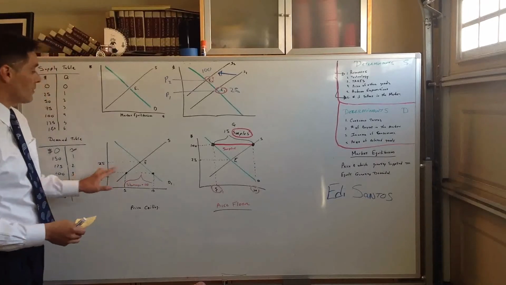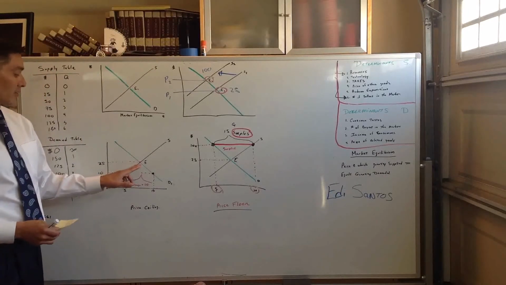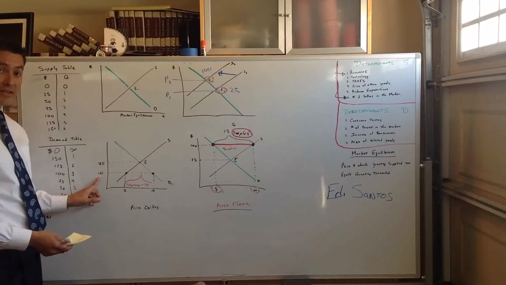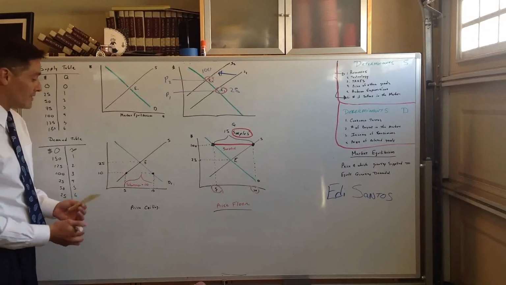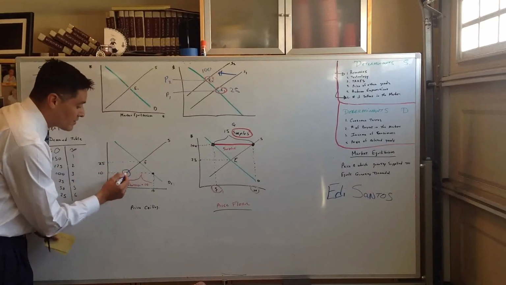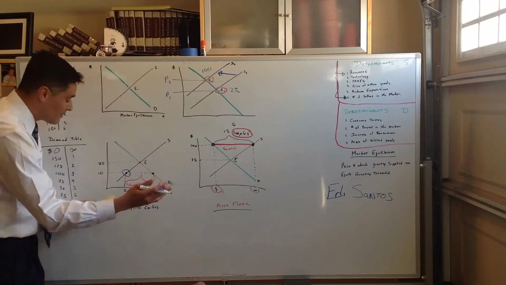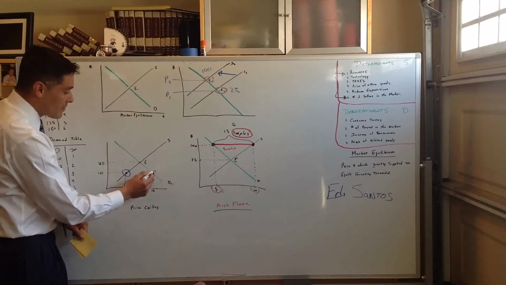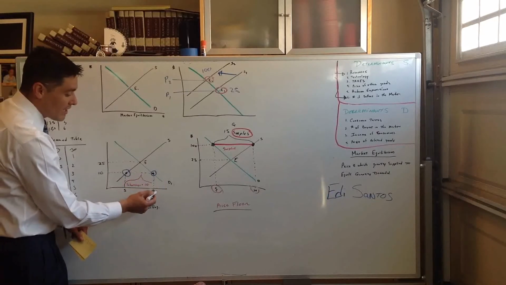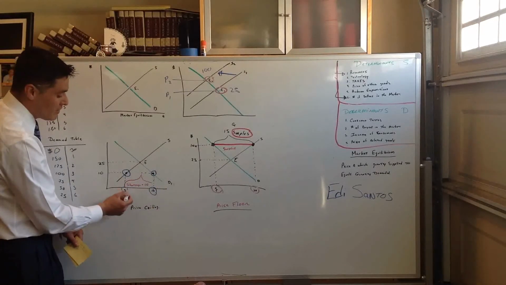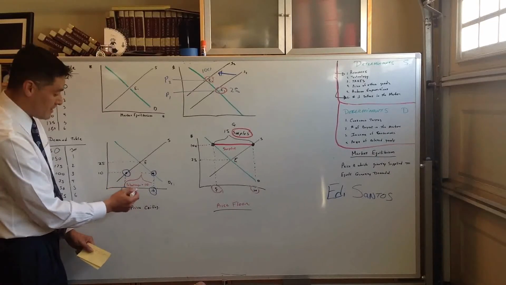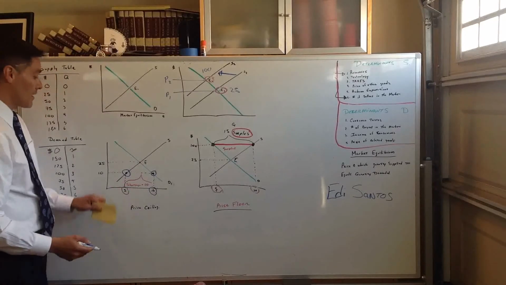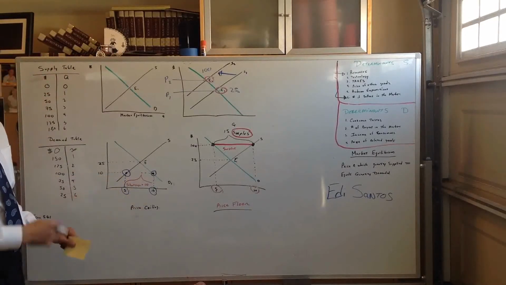So if the equilibrium price of limes at this point is $25 and the government got involved and said we're going to set the price at $10, at $10 a supplier is only going to produce, say, 5 million boxes, and at $10 a box the demand is going to be a higher amount, let's say 15 million. The difference between these two numbers is the quantity of the shortage. So 15 minus 5 would be 10. That's a good example of a price ceiling if the government got involved.